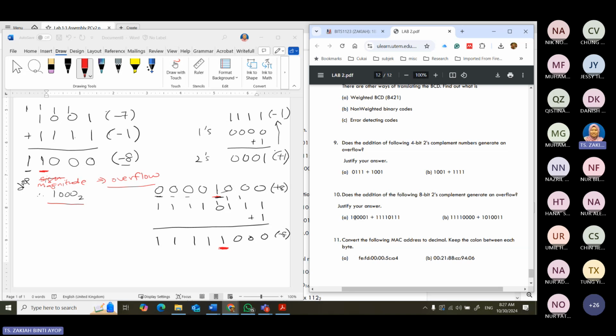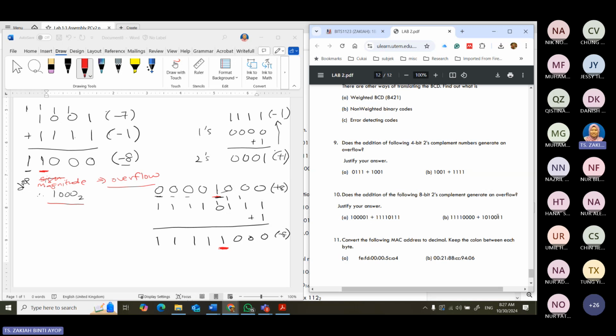This one is 6-bit, 100001, and then plus 1111011111. So it's an uneven size, right? So you need to make sure it is the same size. So it must be in 8-bit also.